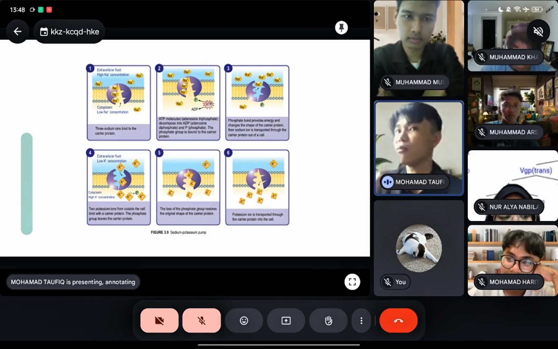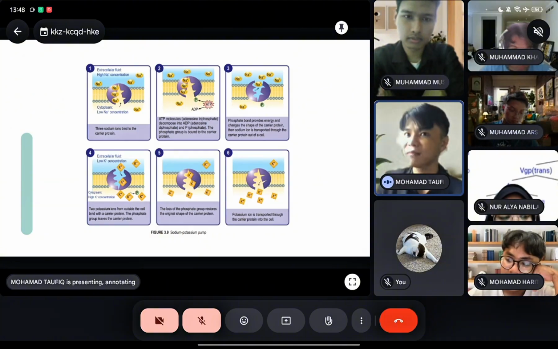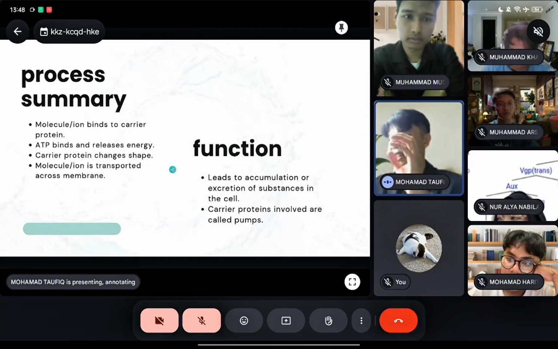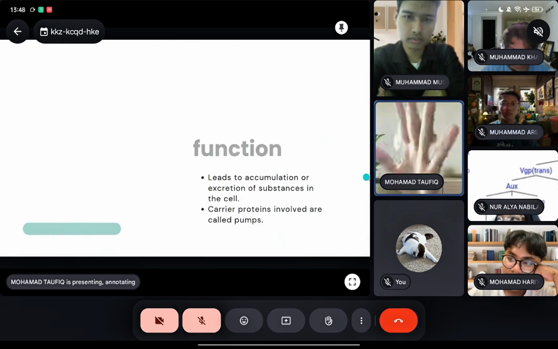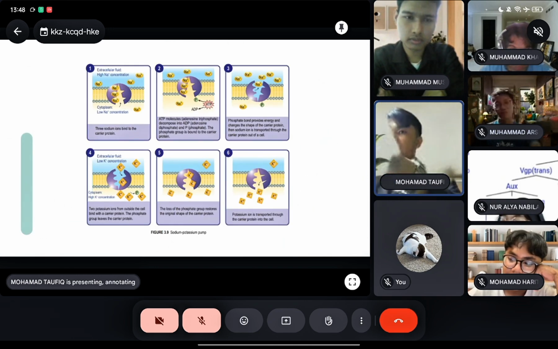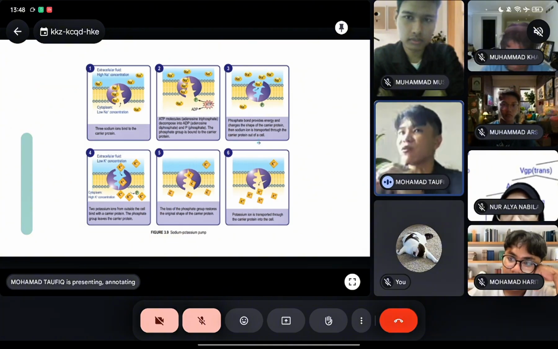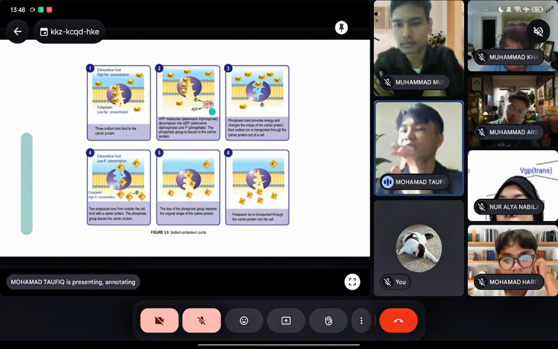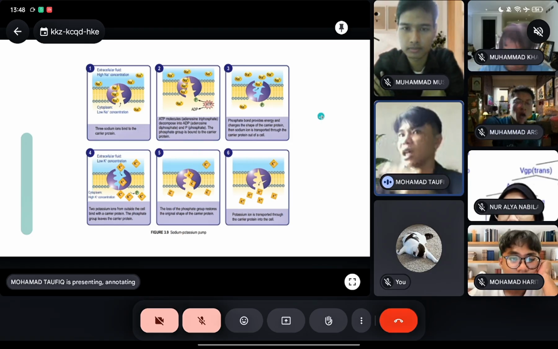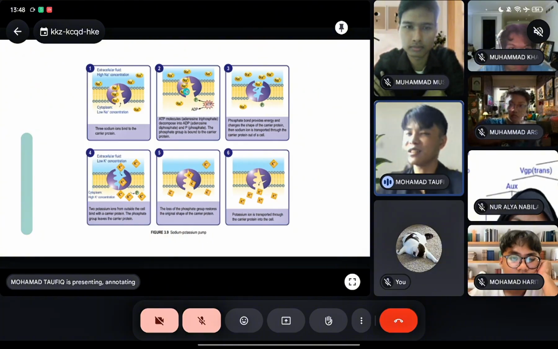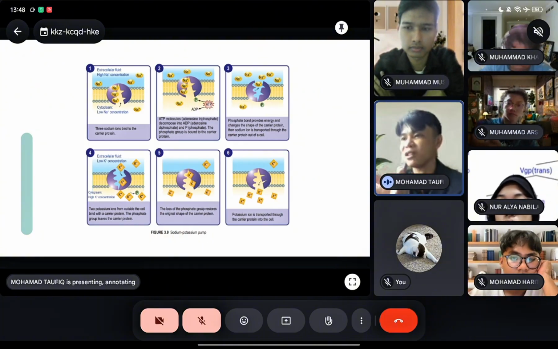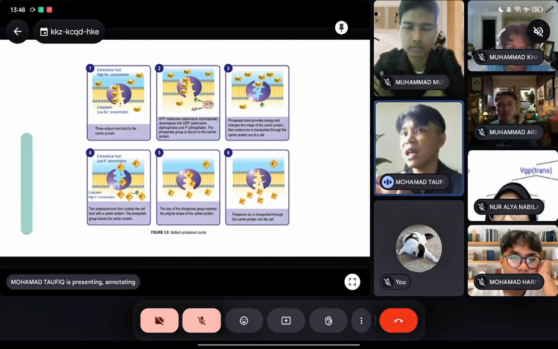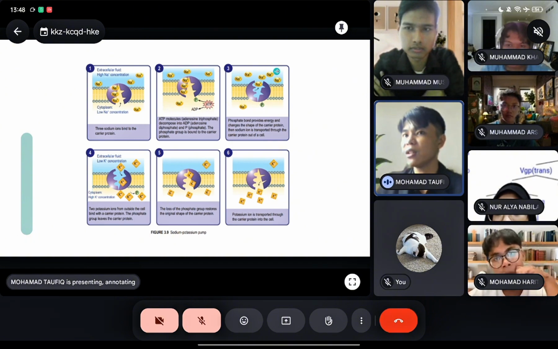Then the next step is it releases energy, where in this step, the phosphate bond inside the carrier protein that is bound provides energy. Thus, it changes the shape of the carrier protein from before, when it was locked in the middle on the upper side. Then after the change of the shape of the carrier protein, it allows the sodium ion to be transported through the carrier protein out of the cell.